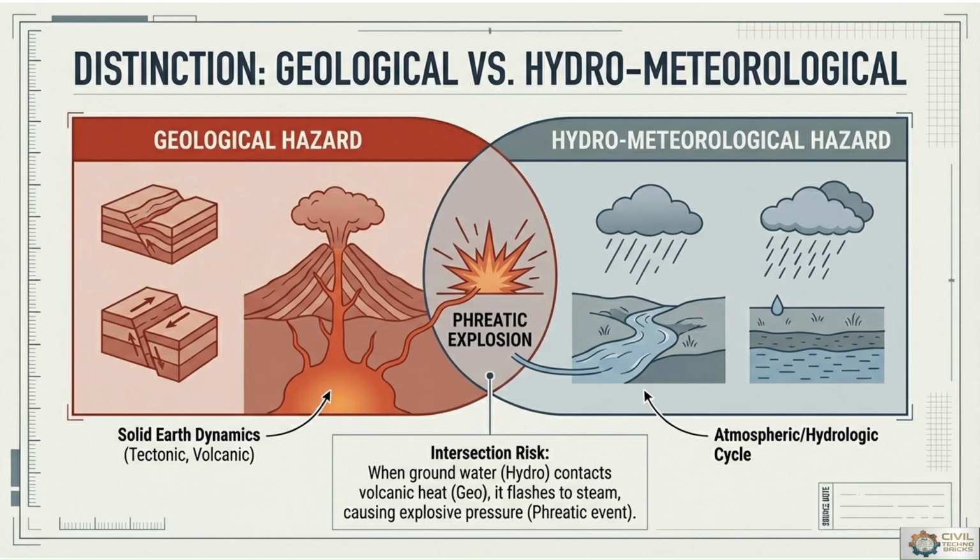The interaction of geological and hydrological systems increases overall hazard intensity, just like in earthquake-prone areas. Here we conclude that interdisciplinary understanding is important for effective hazard assessment. So the intersection risk is the phreatic explosion, which is interconnected between geology and hydrogeology, or meteorology.